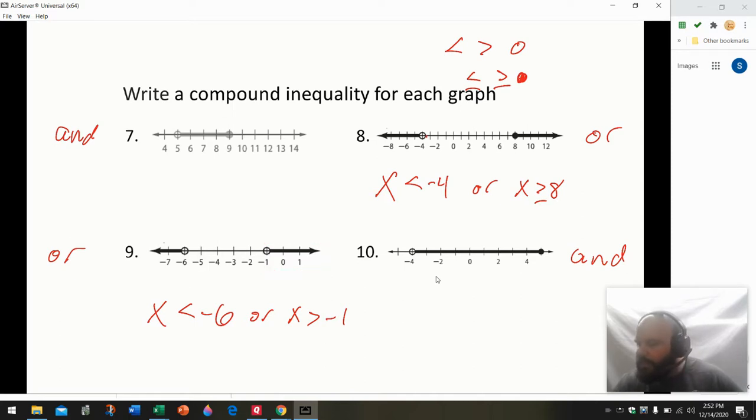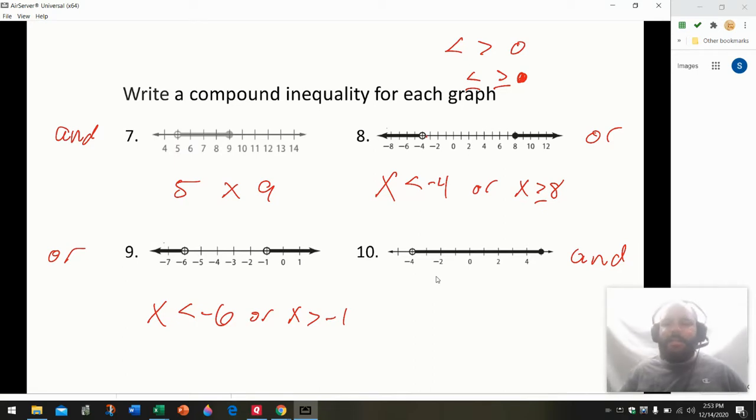Now, those are easy. The ANDs are a little trickier, okay? Somewhat. The ANDs are always going to be in the same form. You're going to have your bottom number, you're going to have your variable, and then you're going to have your top number, okay? So as you can see, the bottom number here is 5. The variable is always going to be in the middle, and then the top number in this case is 9.